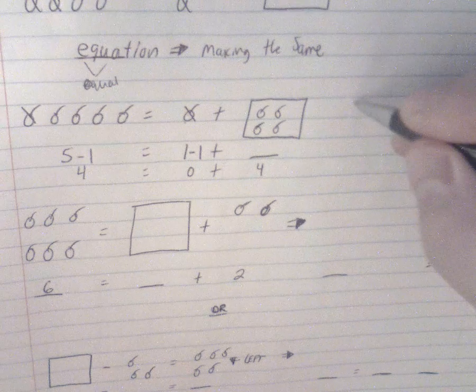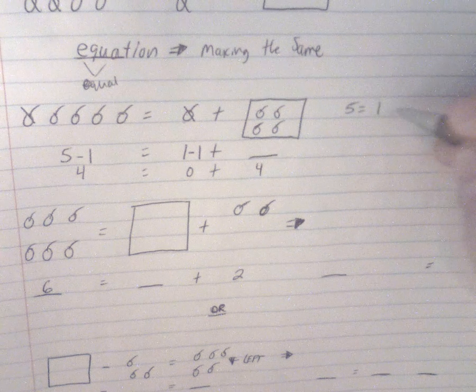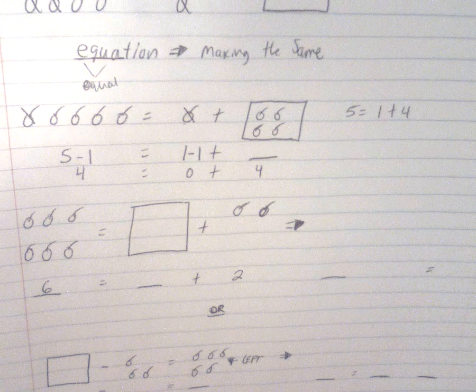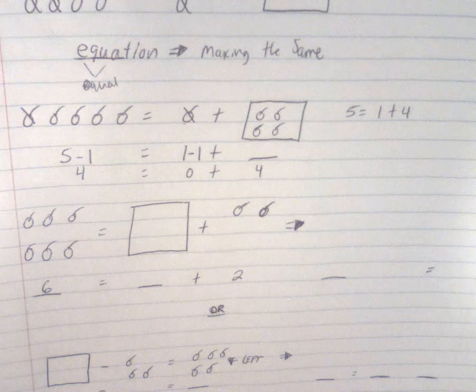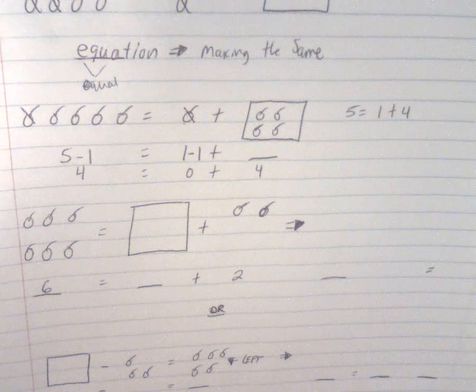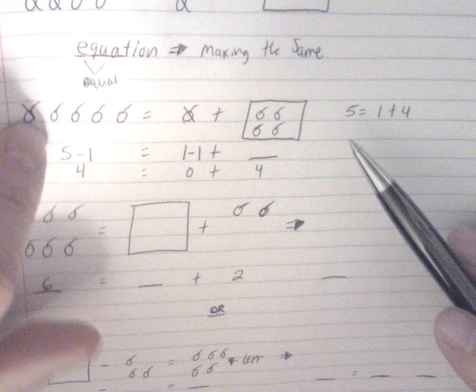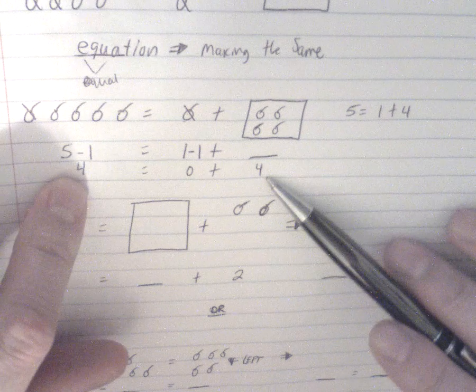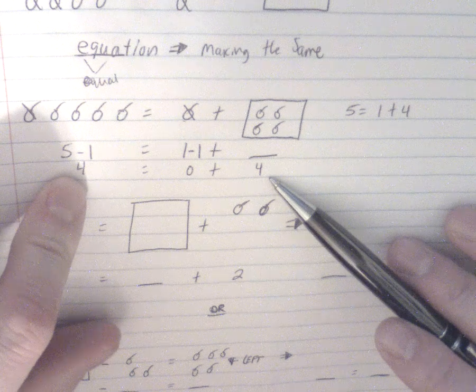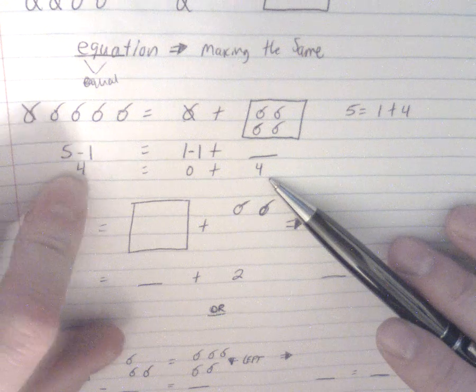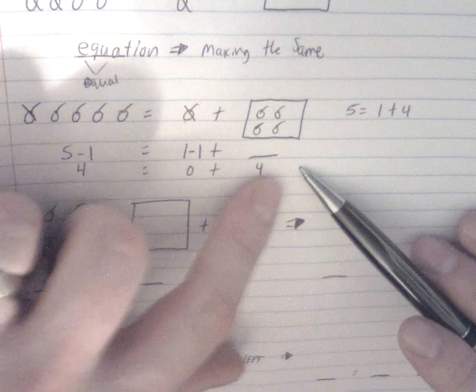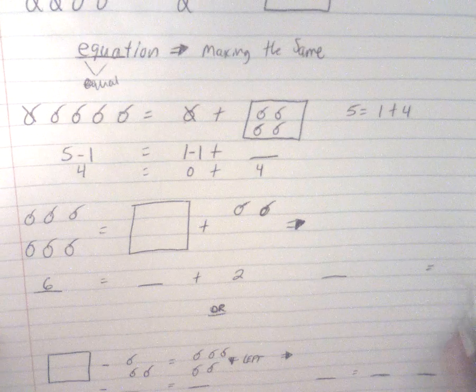And then that makes my equation true. 5 equals 1 plus 4. Okay? Now I hope I didn't make that too confusing for you, but all I did is when I cancel this out, I'm canceling 1 over here, so 4 equals 4. It has to. 4 has to be the same as 4. So that's what goes into my box.